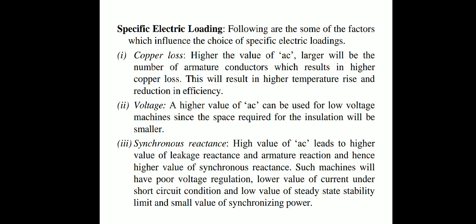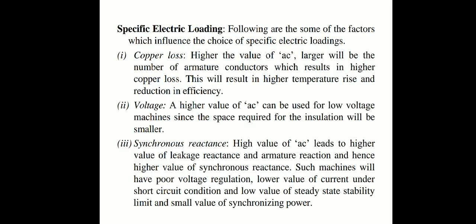Voltage. A higher value of AC, that is your specific electric loading, can be used for low power machines since the space required for the insulation will be smaller. Synchronous reactance.